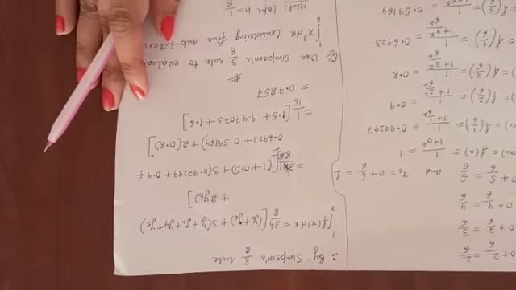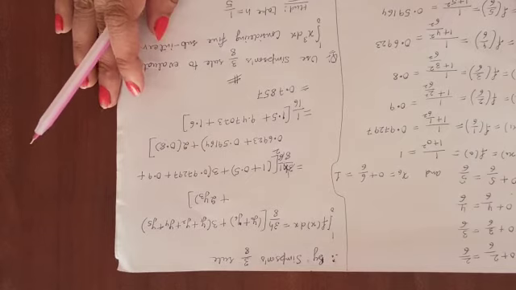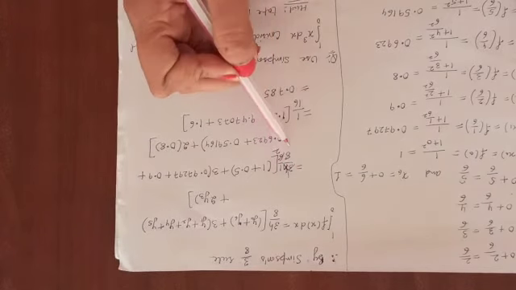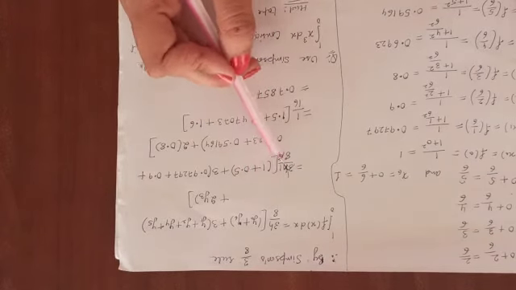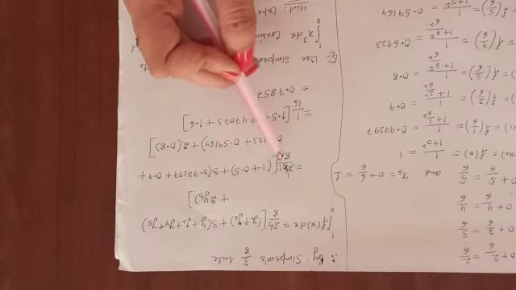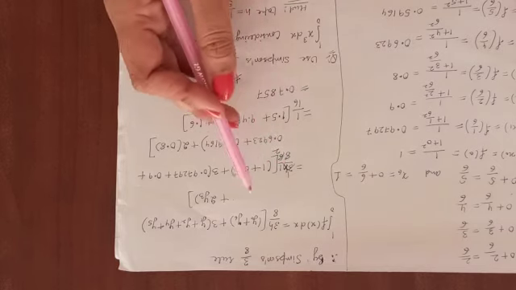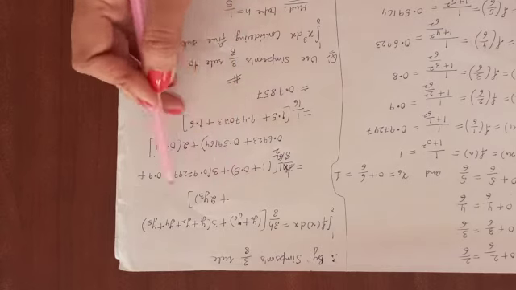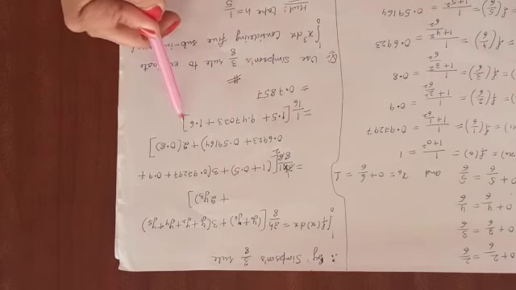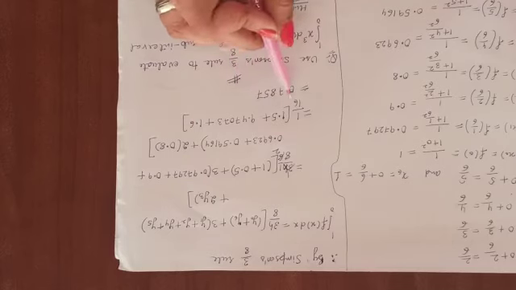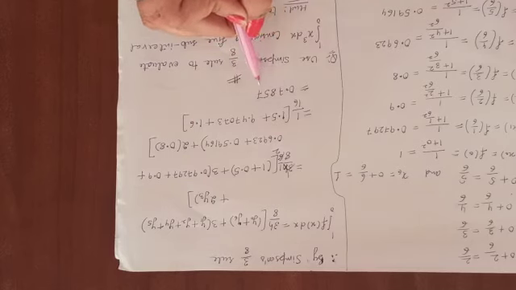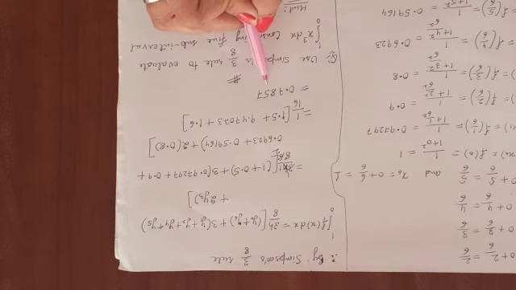Now let us put the values of h and all these values in this formula. 3 by 8 as it is, and the value of h is 1 by 6. You can cancel out, this will be 1 by 2, and 8 into 2 will be 16. Put the values of y0, y6, all the values, and after calculation we get in the end that our answer is 0.7857. So this is the procedure to solve the question.